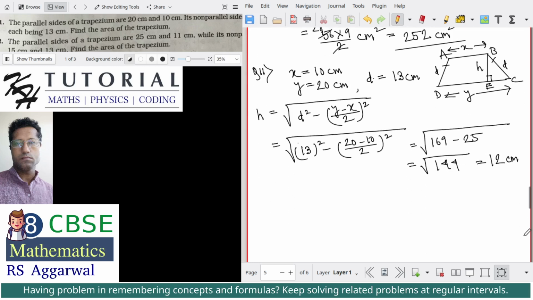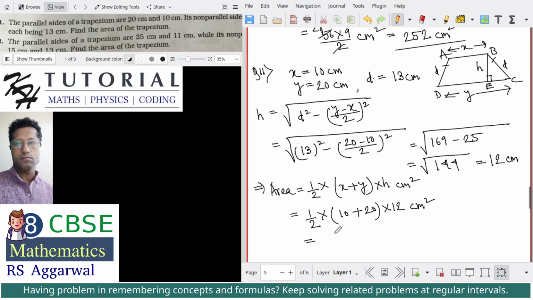So now we can easily find the area. This implies area will be equal to half multiplied by X plus Y multiplied by H, this much centimeter square. This is equal to half, X is 10, Y is 20 and H is 12.